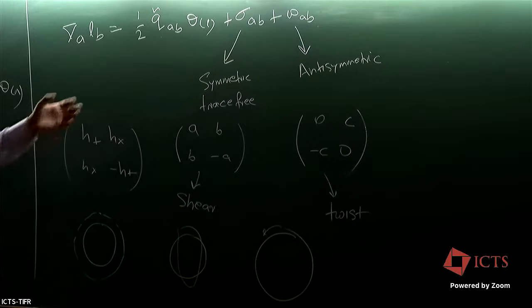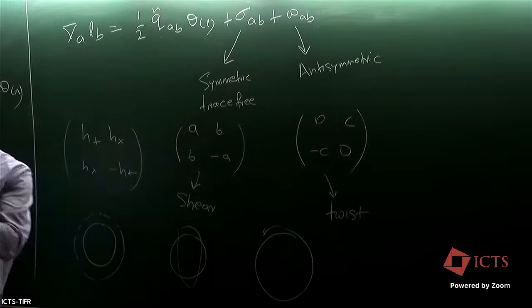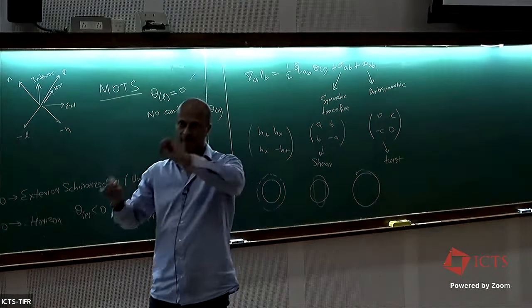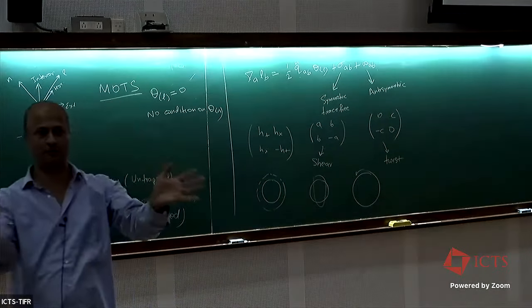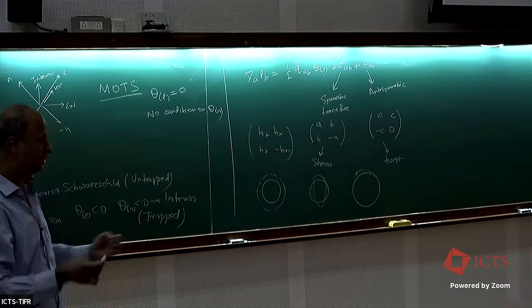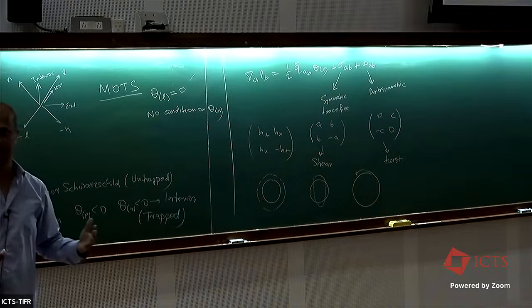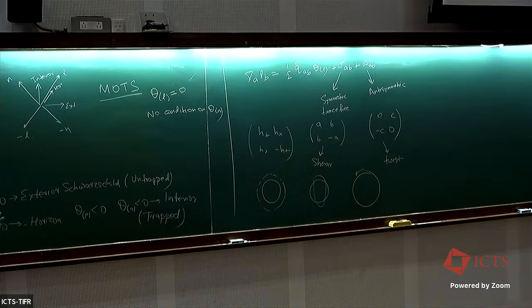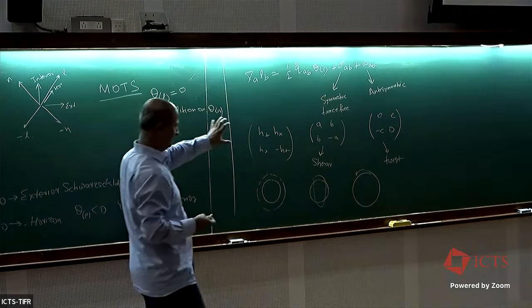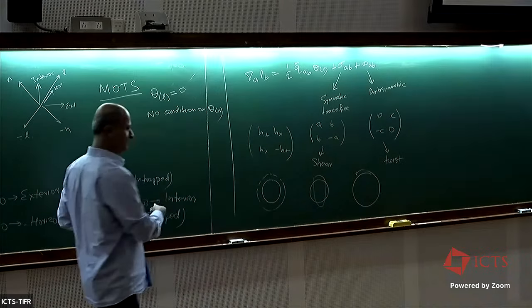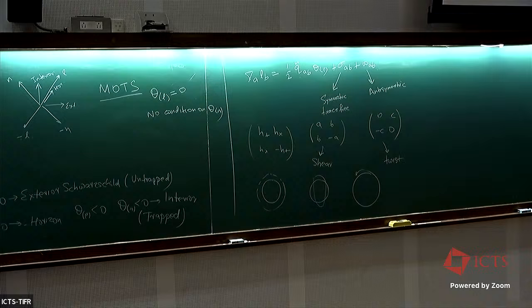This is true not just for light, it's also true for light in a medium. Think of a little bundle of light rays; it will deform in a certain way, and you can always decompose that into these three components: an expansion, a shear, and a twist. These are the three physical effects that are important here, and we will use them to define what we mean by a black hole horizon.